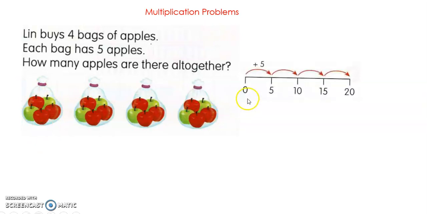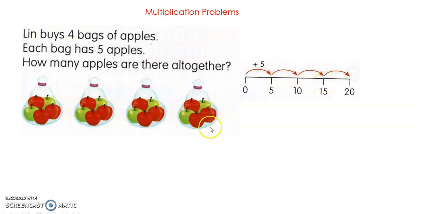So we can say the first time we have here 5 apples. In the second group we have 5, so we add one more 5. We got 10, because 5 plus 5 equals 10. After that, for the third group, if I add one more 5, I will get 15.